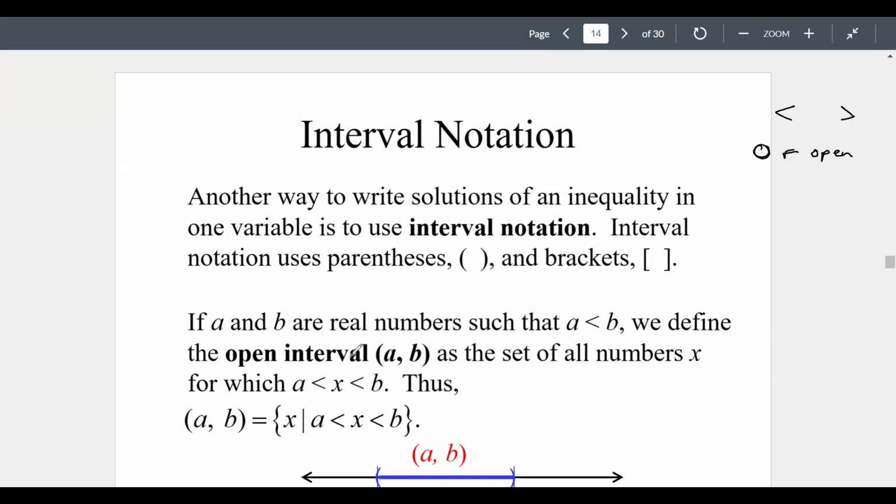But also, as we see here, if A and B are real numbers such that A is less than B, then we define the open interval AB as the set of all numbers in which X is strictly less than B and strictly greater than A. When we have an open point or this symbol, that's when we're going to use parentheses.